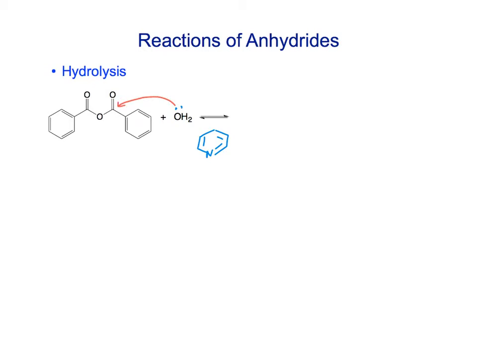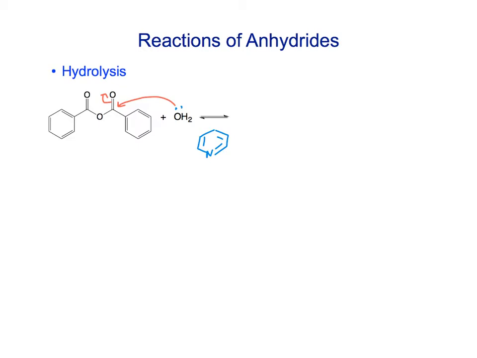How do you know which of the carbonyls of an anhydride the nucleophile is going to attack? In this case, it really doesn't matter, because both are equivalent, symmetrical. If we had a mixed anhydride, sometimes it could matter if we had one carboxylic acid or one carboxylate that was less basic and a better leaving group.